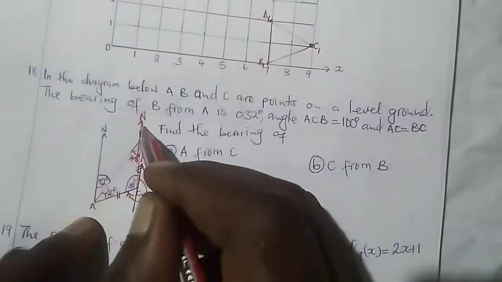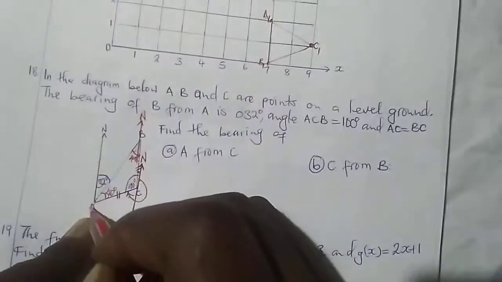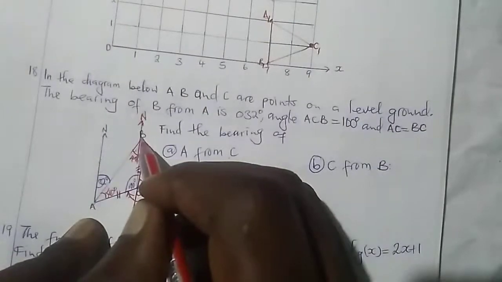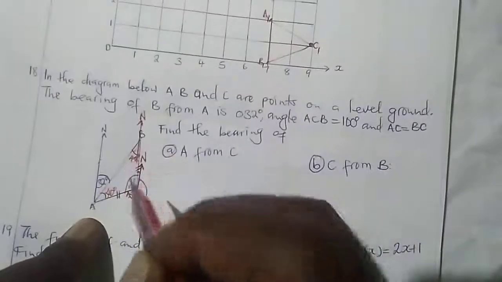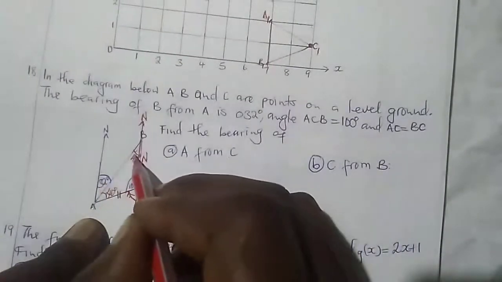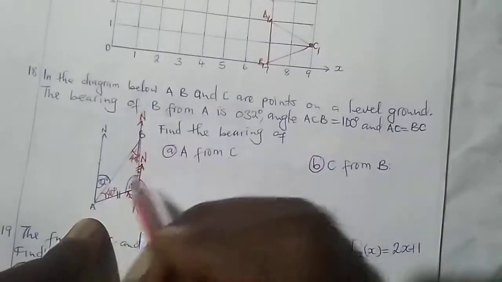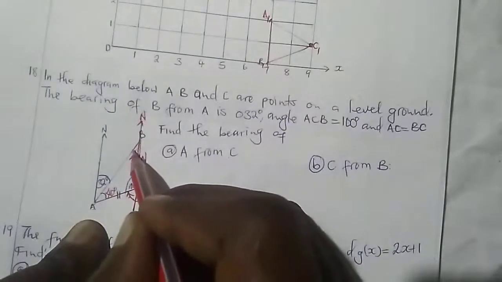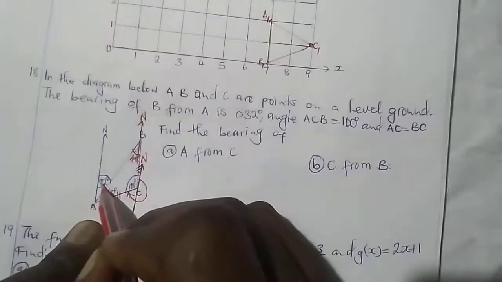These two lines are parallel lines, which are crossed by line AB, which is treated as a transversal line. When two parallel lines are crossed by a transversal line, these angles are called alternate angles and are equal. Since they are equal, this angle from here up to this red line is equal to 32 degrees.